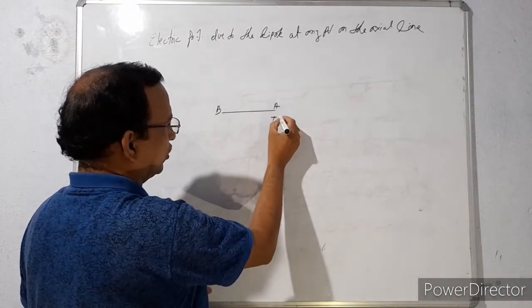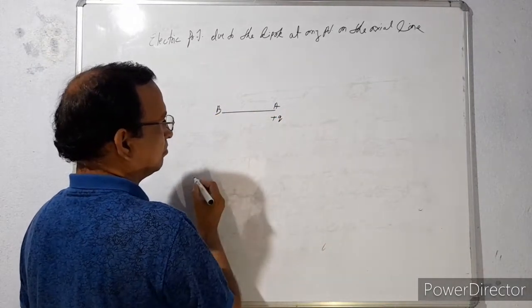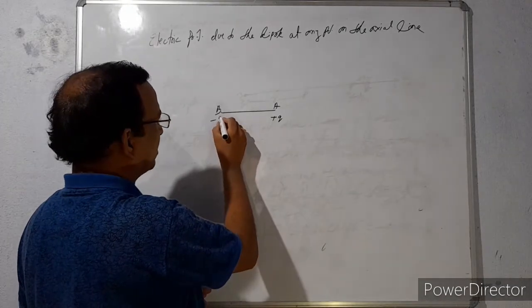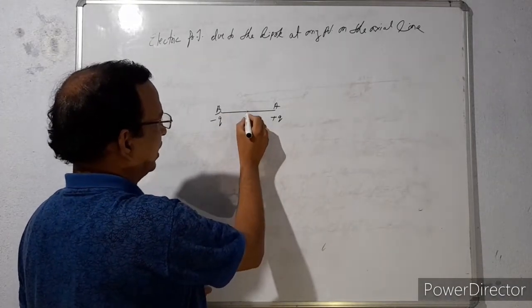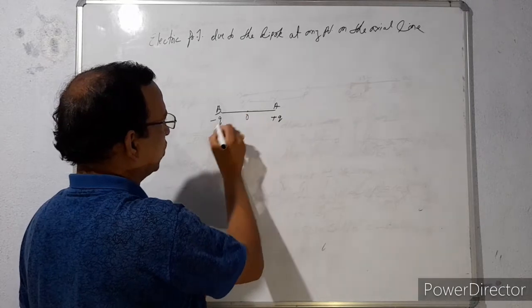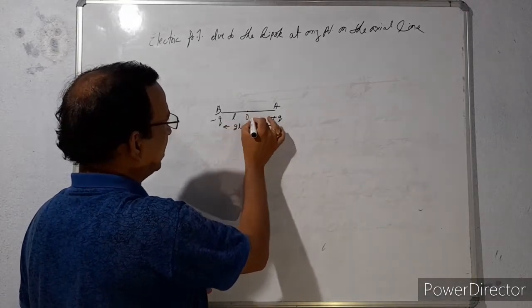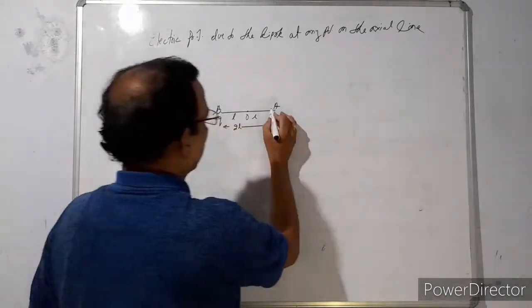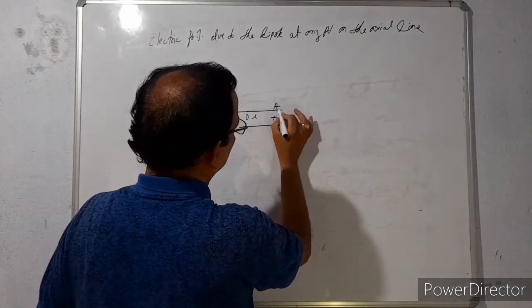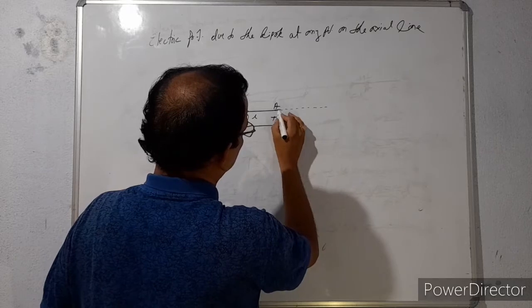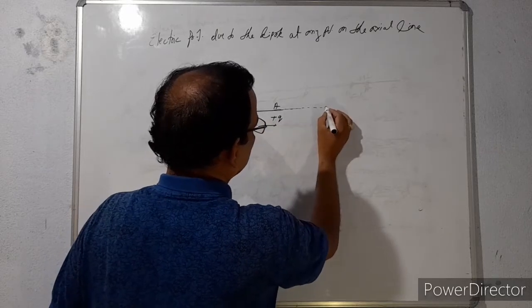At A the plus charge is placed, at B the minus Q, plus Q and minus Q. At the origin, the center O, the total length is 2L, L and L. This is the axial line. Clear? P is a point on this line.